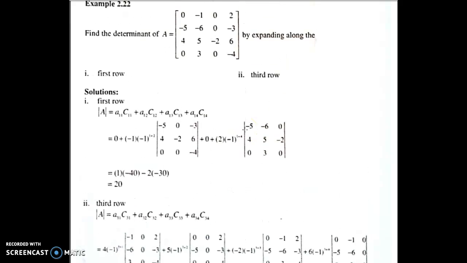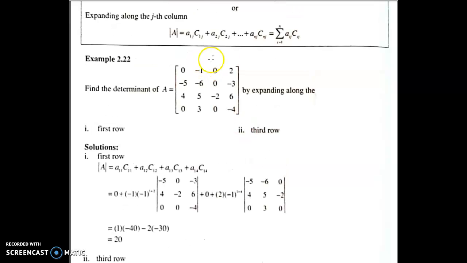Just imagine if they chose the third column, where you have only one non-zero value, which is -2. You just need to calculate -2 times its cofactor, and you will absolutely get 20. Let us try to do that.